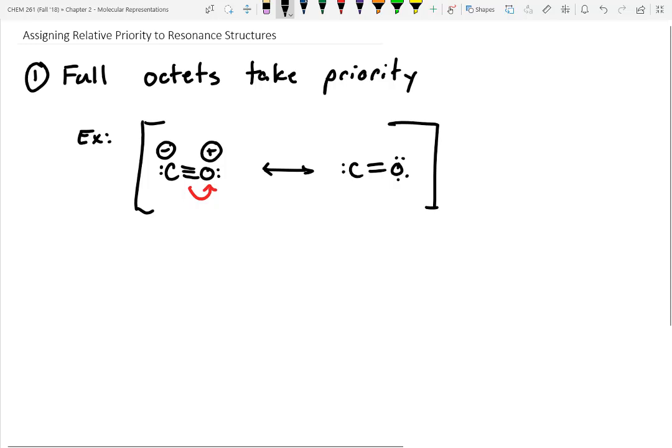All right, but if we think about octets being full, which molecule is happier, the one on the left or the right? The one on the left. The one on the left, even though it has charge, has full octets on both atoms, it's way happier. So I'll write major contributor. This one's minor because it does not have full octets.